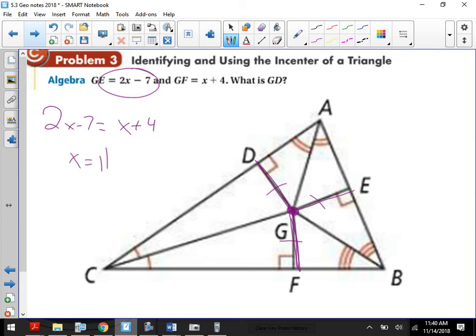Okay, so this is real tough now. What's 11 plus 4? 15. I'm proud of you. You didn't even have to take off your shoes. What's 2 times 11? Subtract 7 and you get, hey, look at that, we're on the right track.